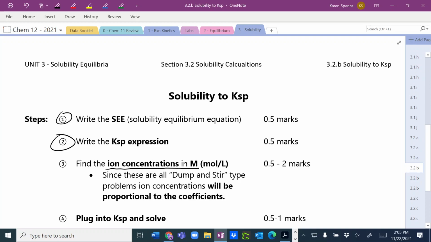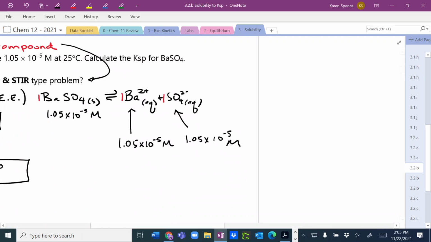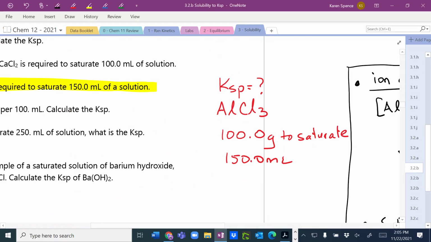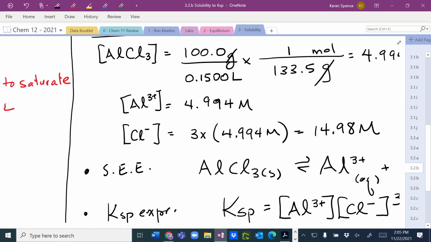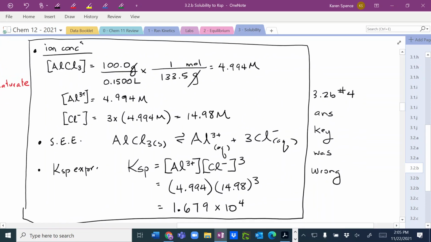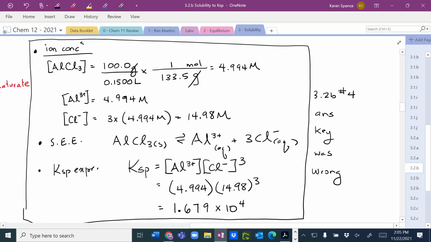Okay, so for 3.2b, number 4, the answer key was wrong, and I've got the answer here, and I will post it up for you guys today. And that is the corrected answer. I don't think it's too correct, oh, maybe it is to correct sig figs.